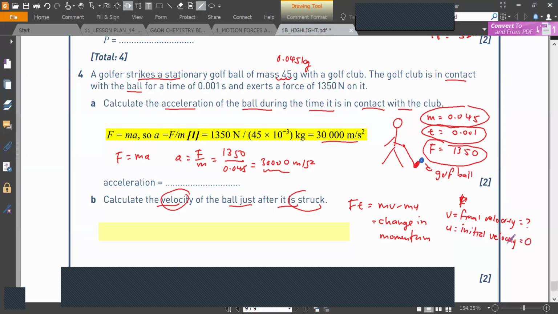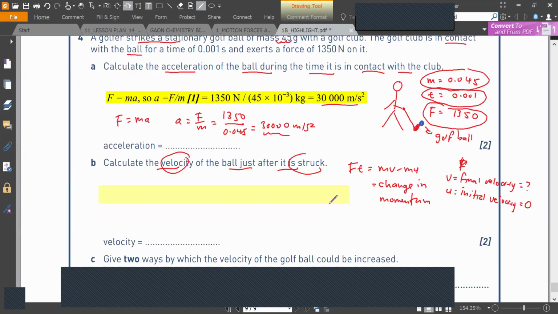We know the initial velocity is 0 because at first the golf ball was stationary.